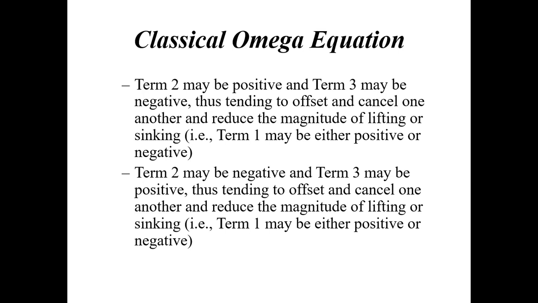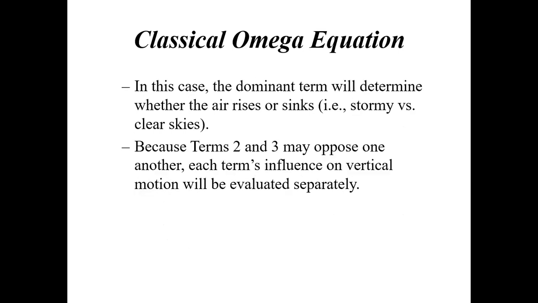The dominant term, the one that's stronger, will determine whether the air rises, producing stormy conditions, or sinks, producing very nice clear skies. But because terms 2 and 3 may oppose one another, each term's influence on vertical motion will be evaluated separately.